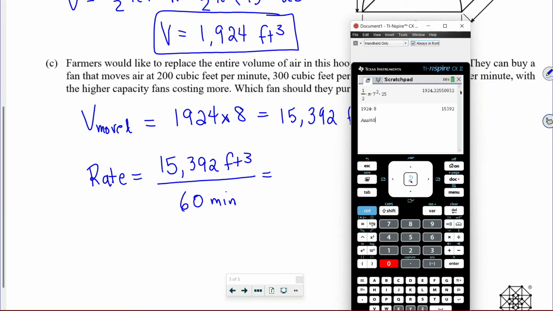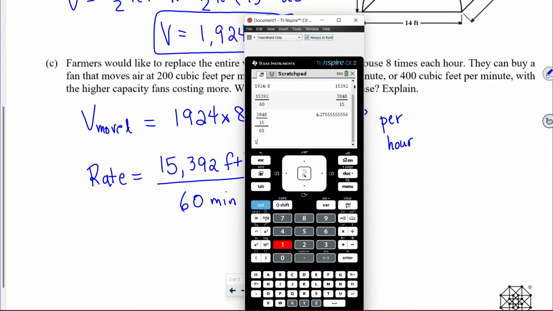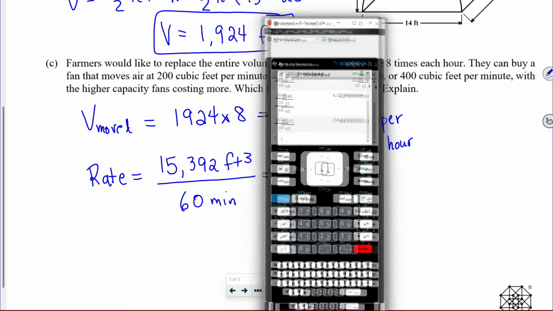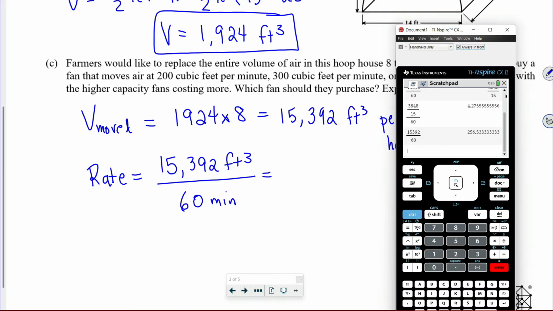Divide by 60. 15,392 divided by 60, and now instead of getting a fraction, I want a decimal. There it is. Technology. 256.53 cubic feet per minute.